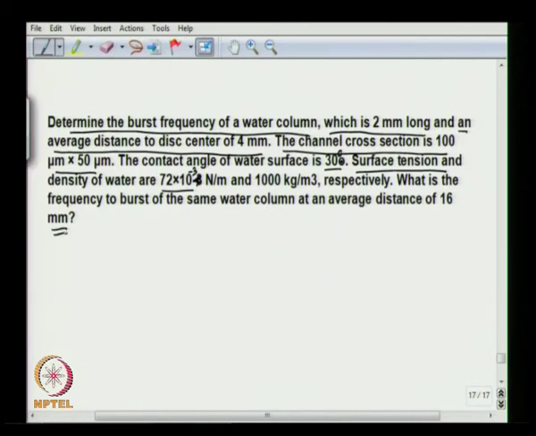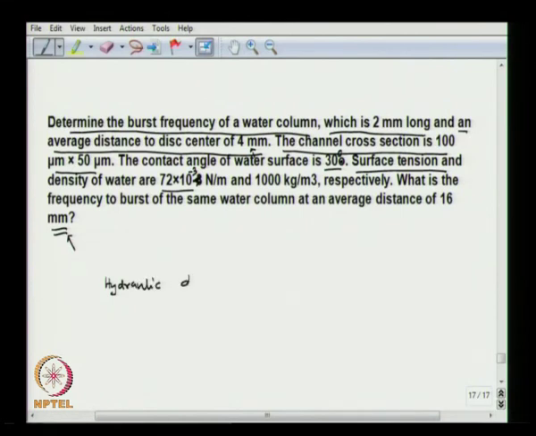First we have to calculate the burst frequency at the distance where the liquid column is located at 4 millimeter, then we can calculate the burst frequency when it is located at 16 millimeter. The first thing to do is to calculate the hydraulic diameter.